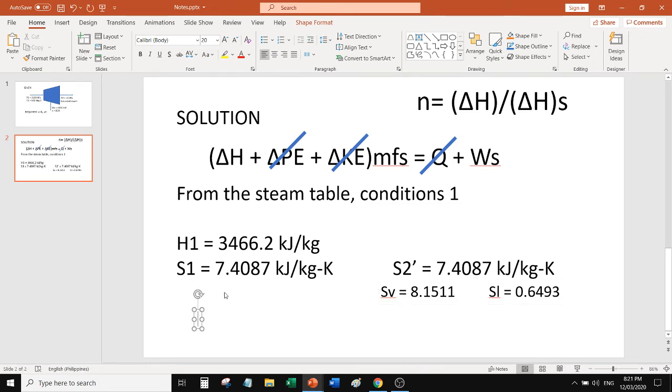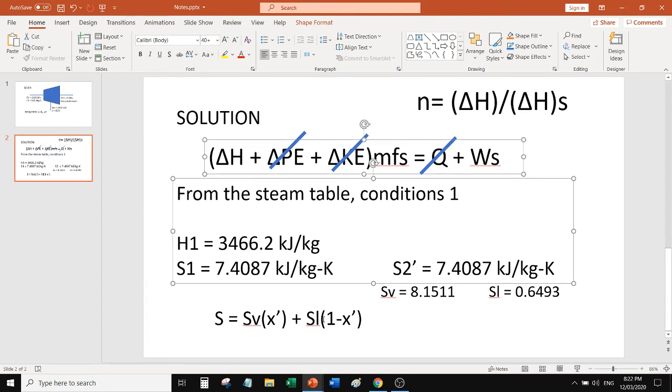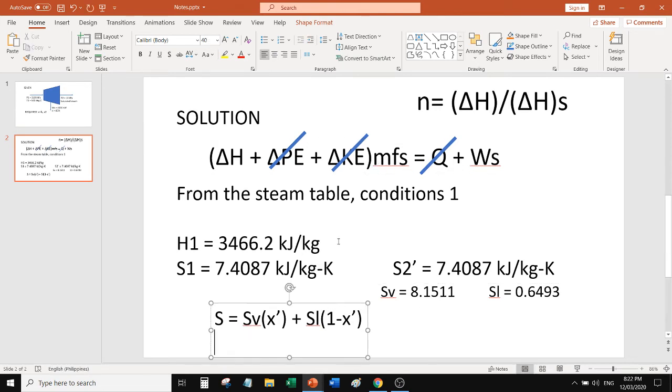Okay, sige. So, ano ba yung equation natin, di ba? S equal to SV times X prime, sa ngayon, plus SL times 1 minus X prime. Okay, plug in natin yung values. Yung S, gawin natin yung S2 prime. So, S2 prime mo ay 7.4087.